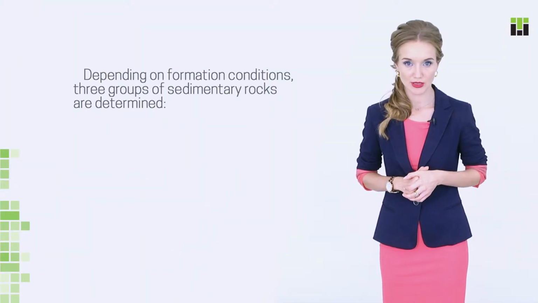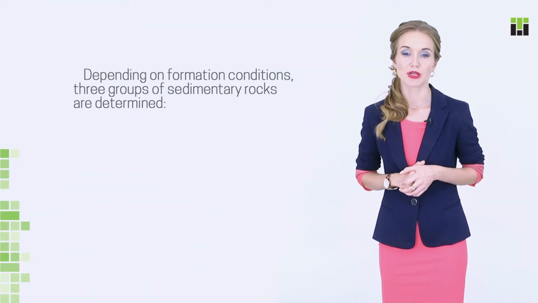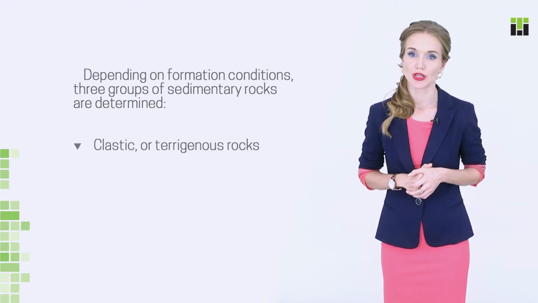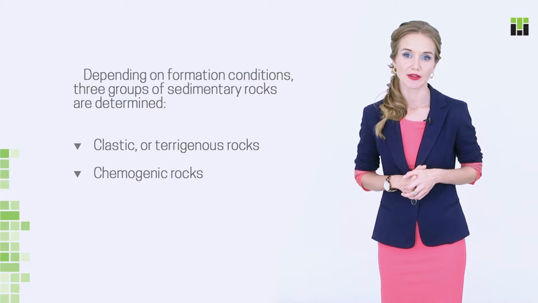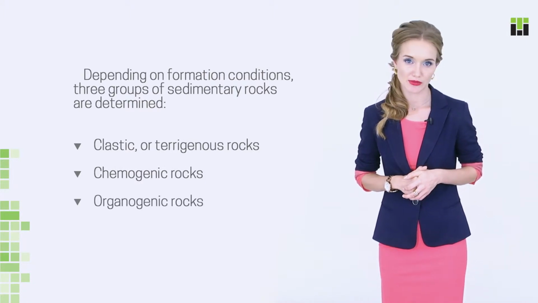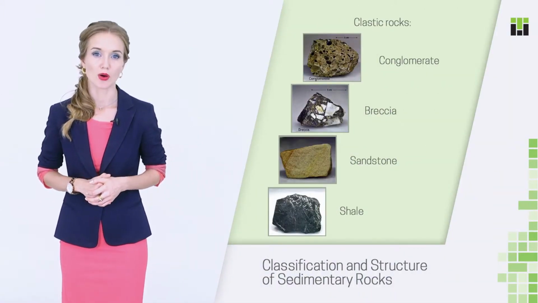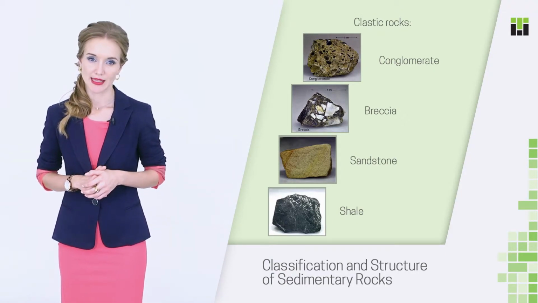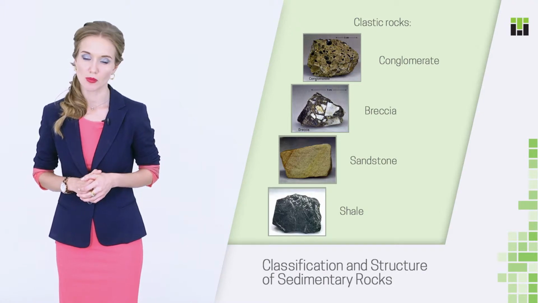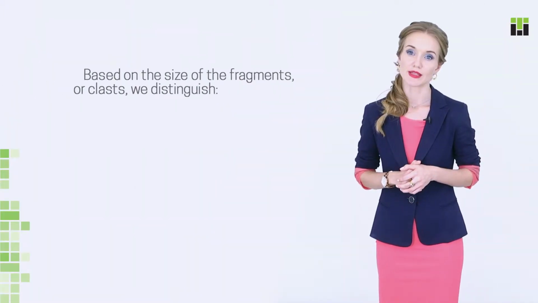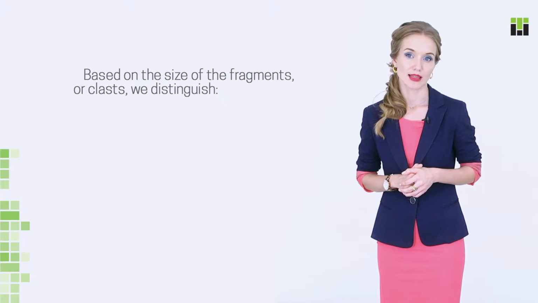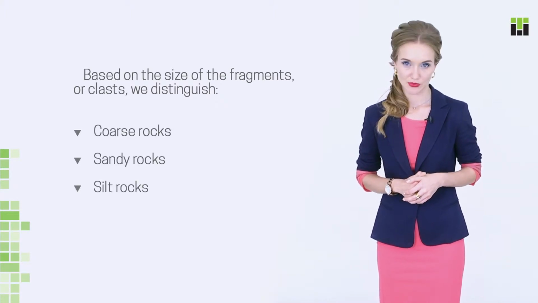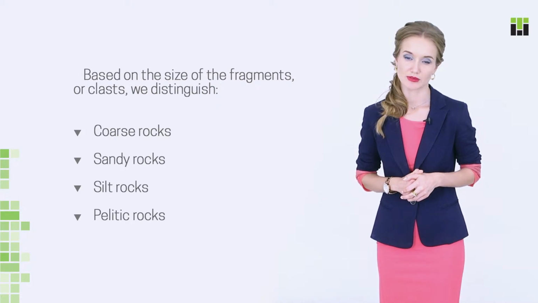Depending on formation conditions, three groups of sedimentary rocks are determined: clastic or heterogeneous rocks, chemogenic rocks, and organogenic rocks. Clastic rocks are composed of accumulated fragments of pre-existing rocks. Clastic rocks are the most common on Earth. Based on the size of the fragments or clasts, we distinguish coarse rocks, sandy rocks, silt rocks, and pelitic rocks.